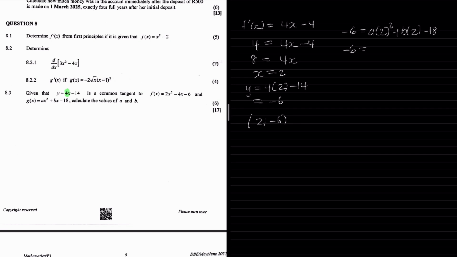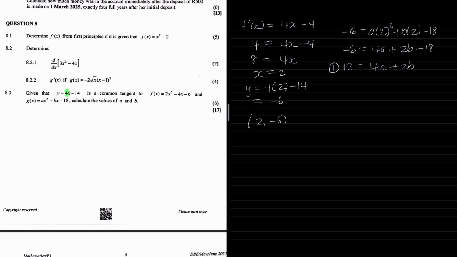Negative 6 is equal to 4a plus 2b minus 18. We can then transpose, or take the negative 18 over. So 12 is equal to 4a plus 2b.